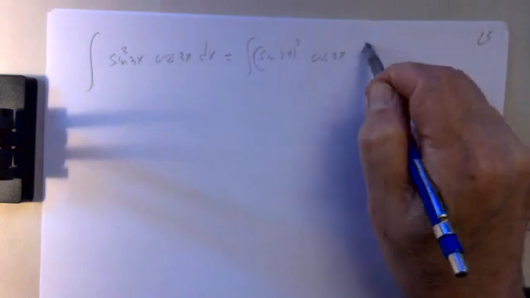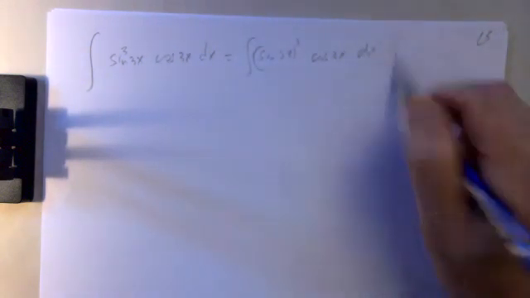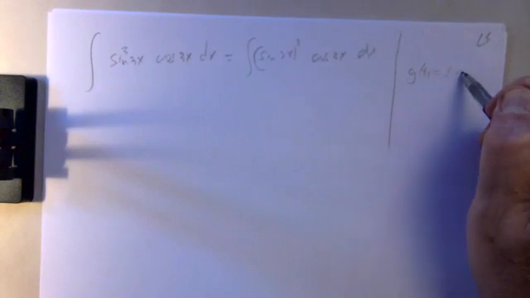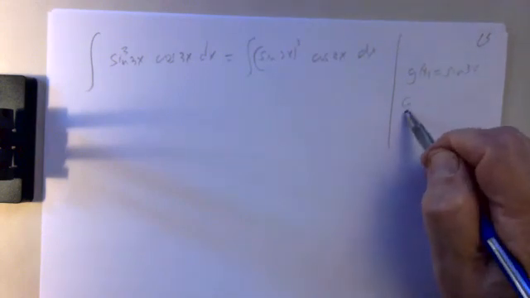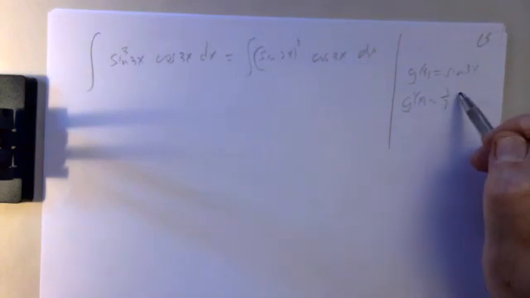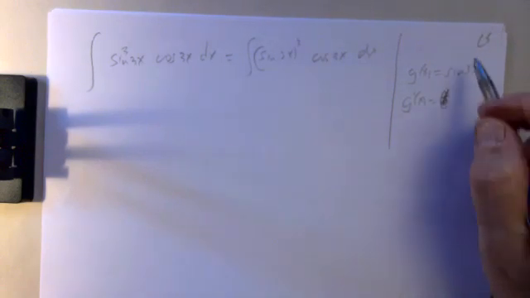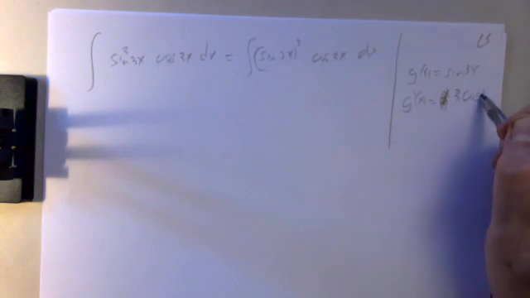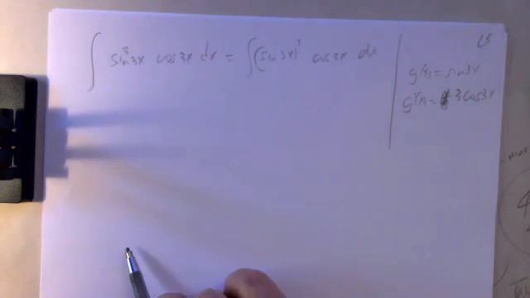cosine of 3x dx. Now, if we let g of x be the sine of 3x, the derivative of the sine of 3x is 3 times the cosine of 3x.